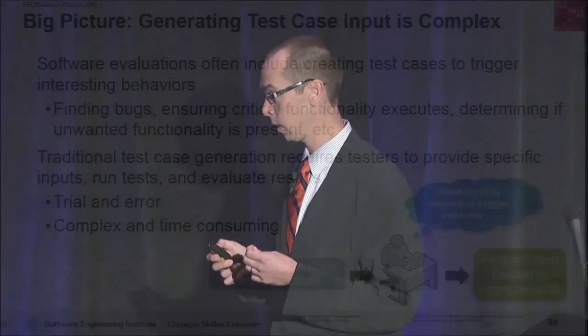This tends to be a human-driven process, a lot of trial and error, can be very complex. If you have complex input domains, it can be very trying to get testing correct.